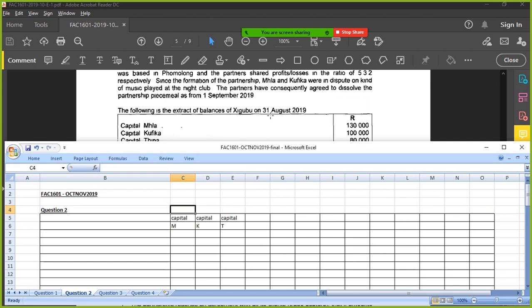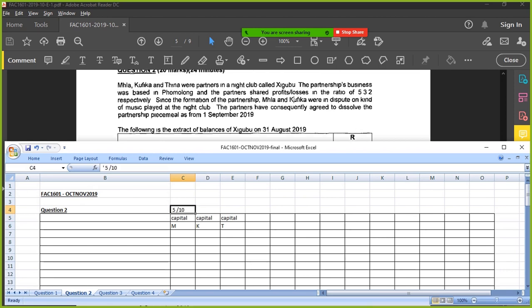The ratio is 5, 3, 2, which is 10, so it'll be 5 over 10. Let's just make sure we've got the right partners. MKT, yeah. So 5, 3, 2. Okay, I've read that, I've got it.